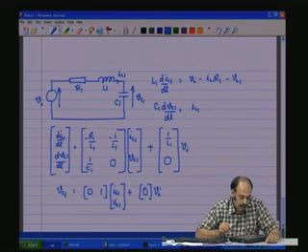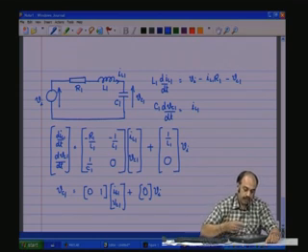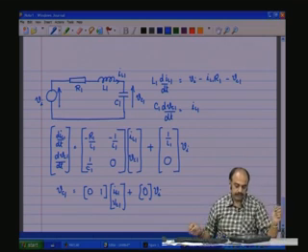So, this is the output that you obtain. Let us have a look at the transfer function of this.